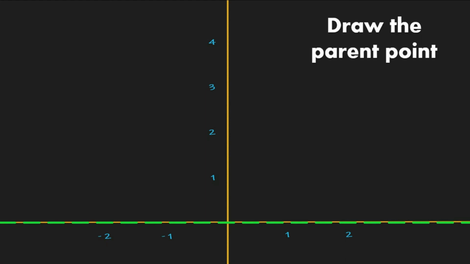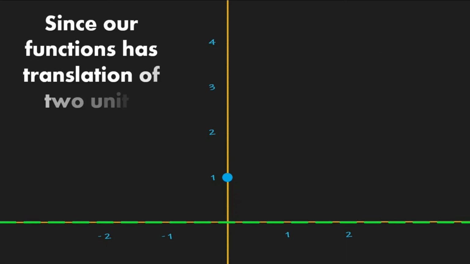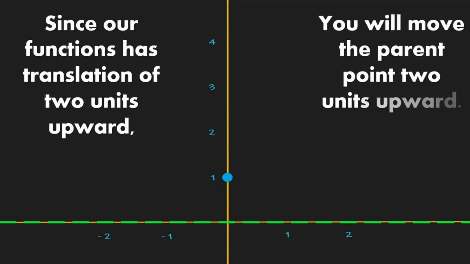Draw the parent point, 0, 1. Since our function has vertical translation of 2 units upward, you will move our point 2 units upward. 1, 2. Therefore, our point goes here.